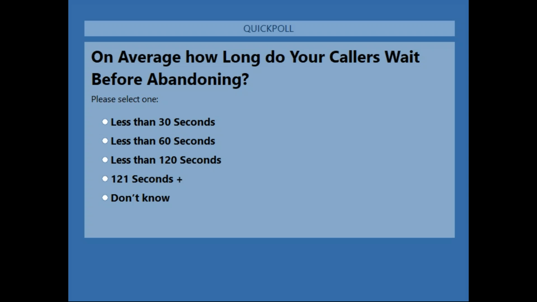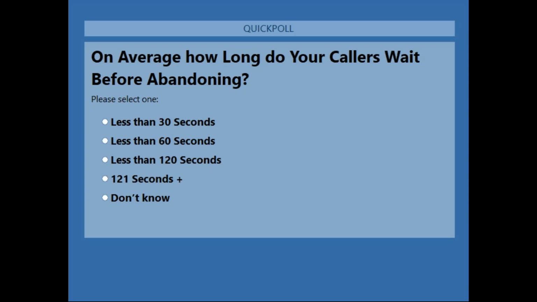Or do you not know what the average propensity to abandon in your contact center is? John, any thoughts about where you think it's going to come out? I probably think it's the 60-120 range. It's usually a bit longer than we expect because some of our customers are a lot more patient, and that can skew the figures.